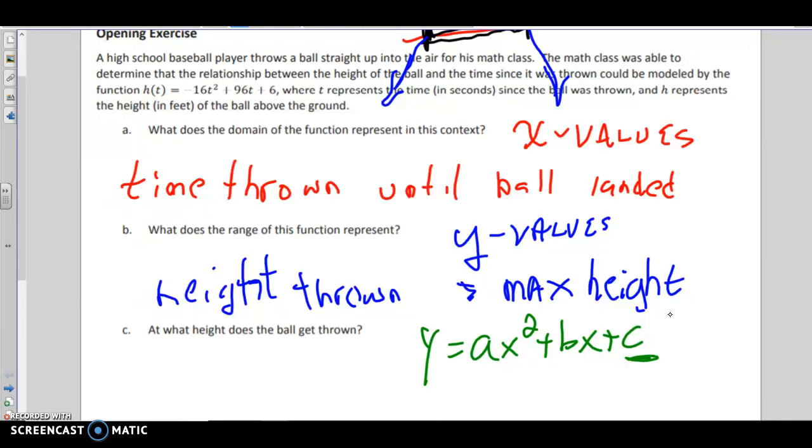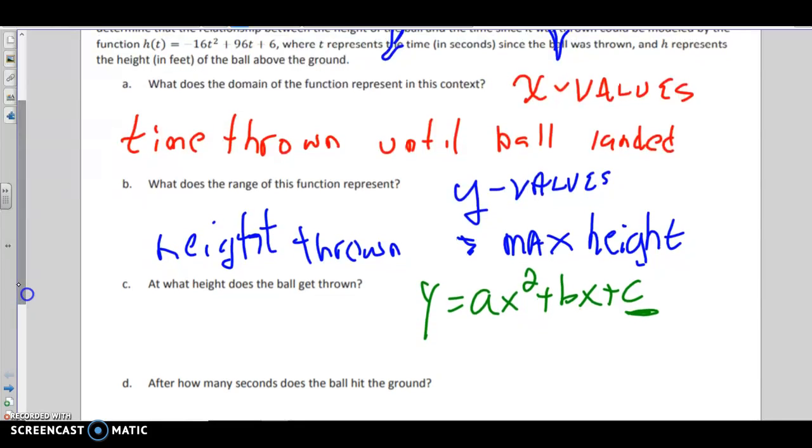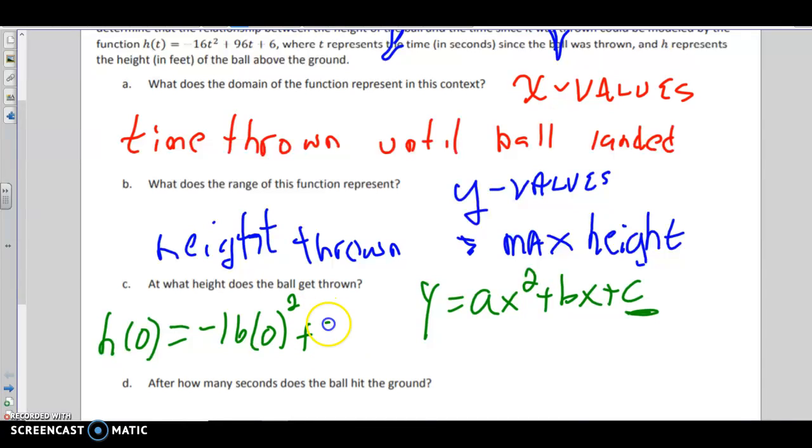is my y-intercept. So if I think about that in terms of context here, when t is 0, when I first have the ball, that is going to be my initial height. So with height, when time is 0, and I replace t with 0, I will get my initial height.